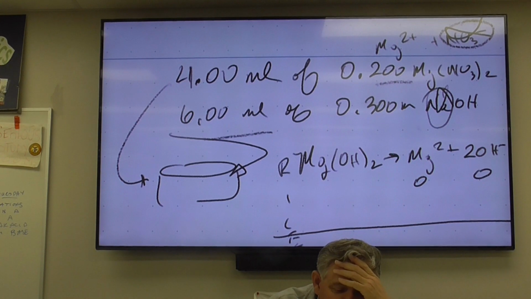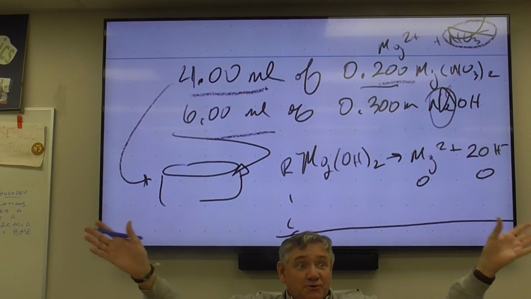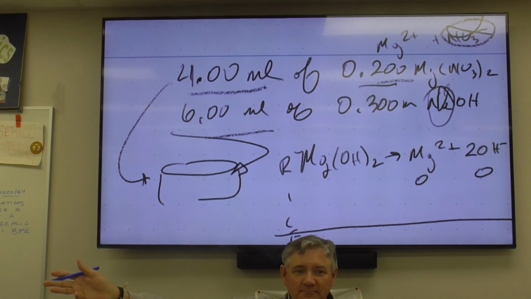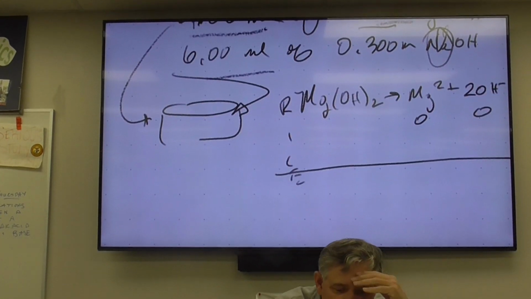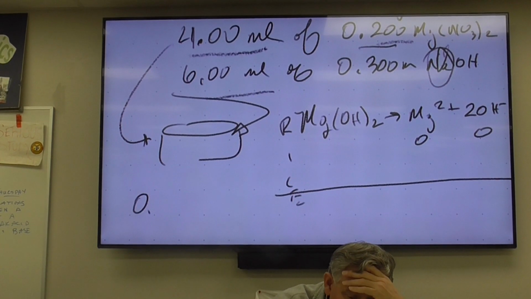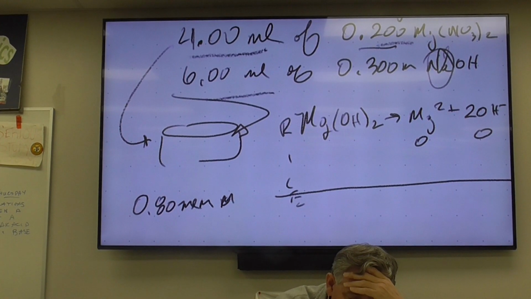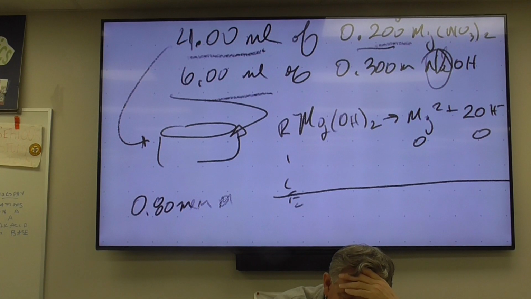Now, here's the story. If I take 4 milliliters and multiply that by 0.2, what am I going to get? 0.8 millimoles of my magnesium.